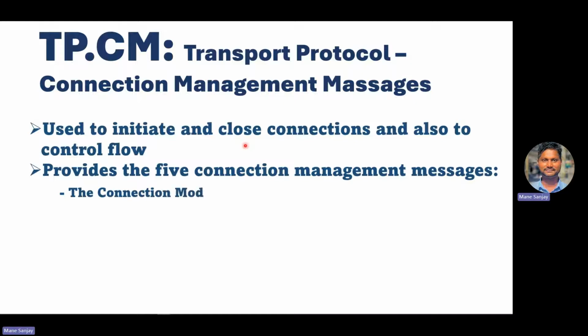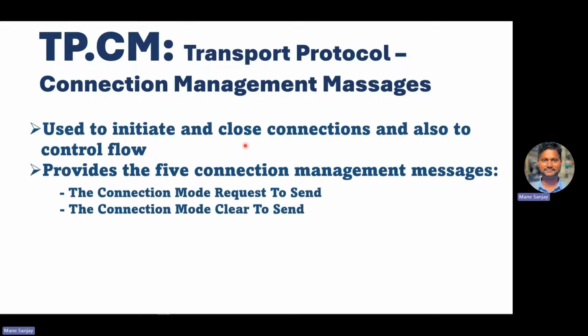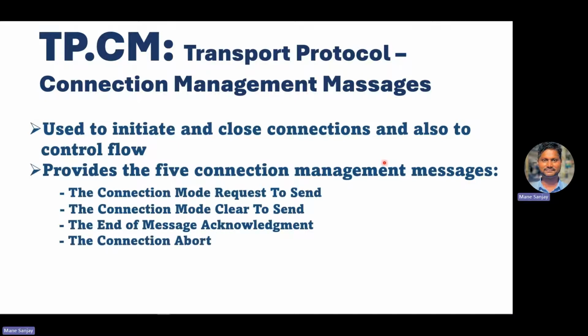What are those 5? The first is request to send. The second is clear to send. Then the end of message acknowledgement, then the connection abort, and the last one is the broadcast announce message. Request to send always goes from the transmitter to the receiver. Imagine a transmitter wants to send, let's say, 100 bytes of information.